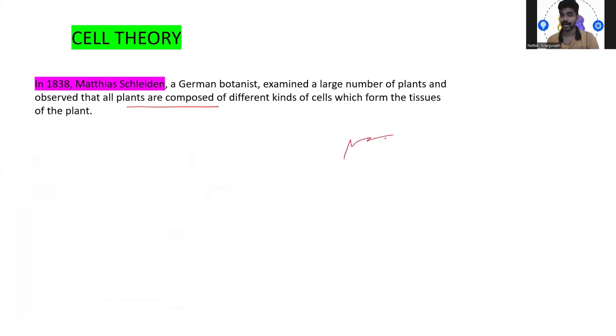Like in a plant leaf, he found they are composed of different kinds of cells. In the stem, there were also different kinds of cells, which form the tissues of the plants. So the cell is what gives the structure. That is what he got to know.